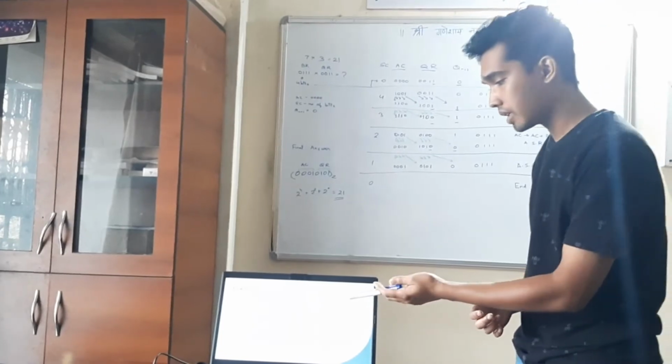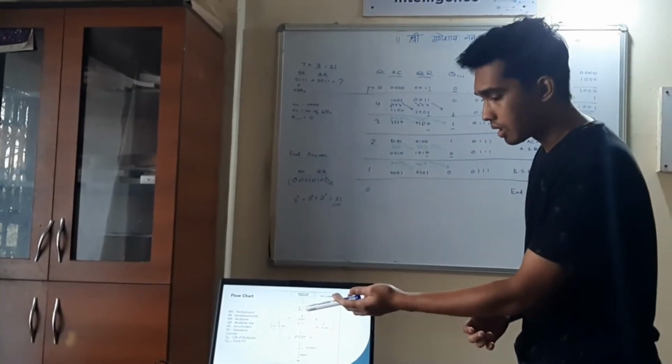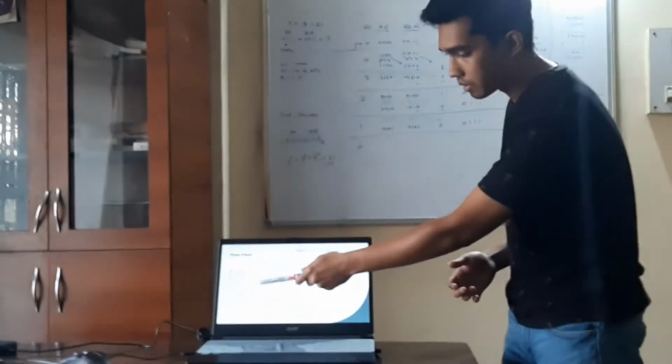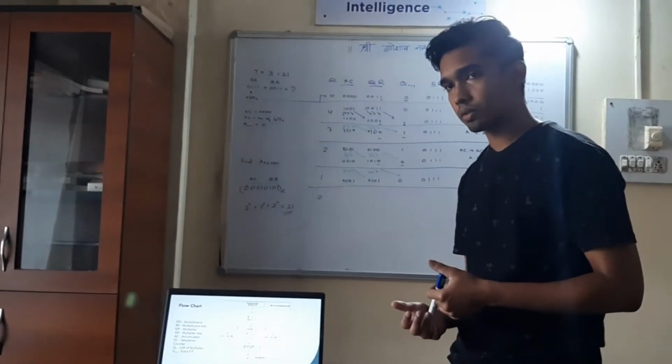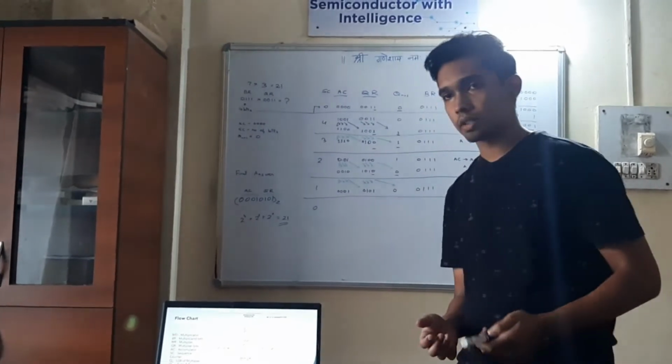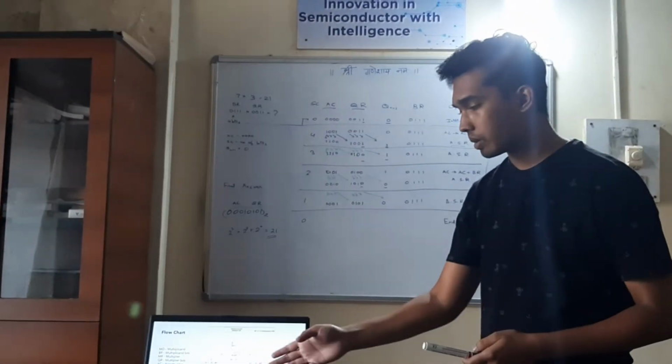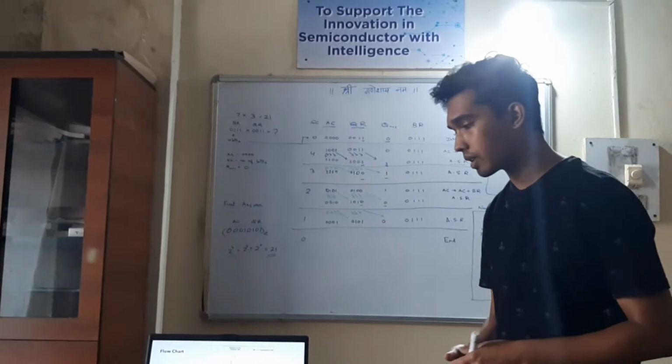There is AC, SC, and Qn plus 1. AC refers to accumulator, and Qn plus 1 is the extra variable we are going to use, and SC is the sequence counter, where all of them are considered to be 0 at first, at reset condition.